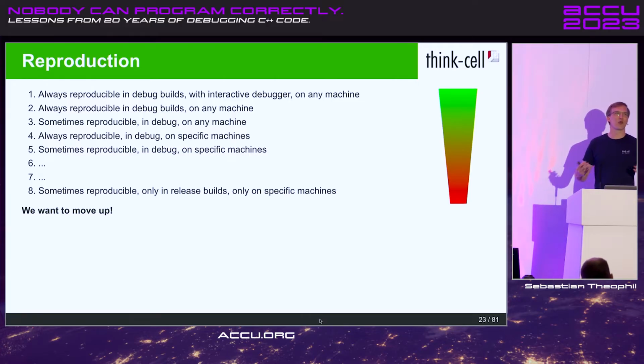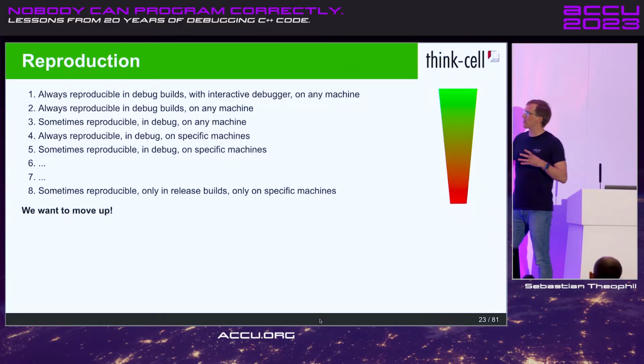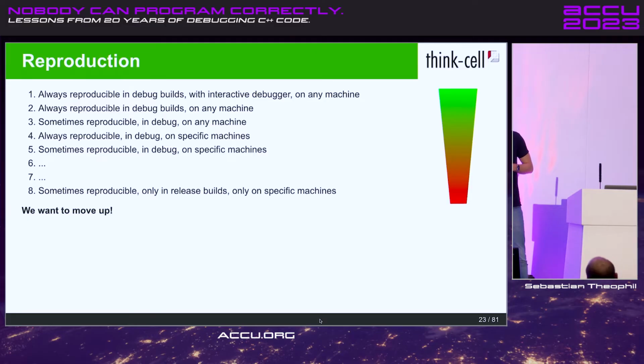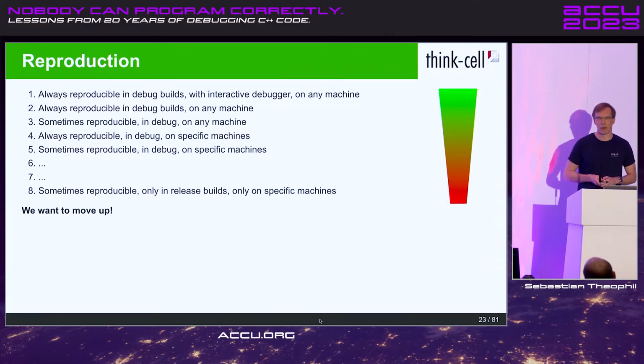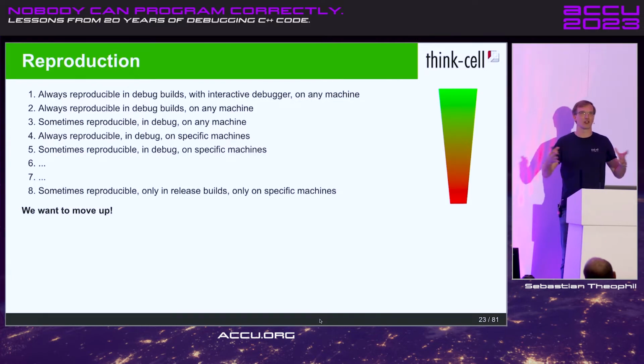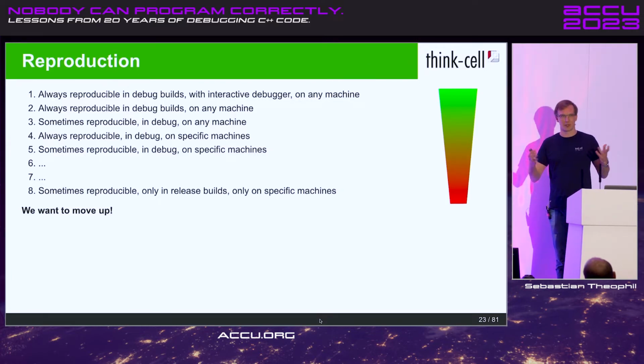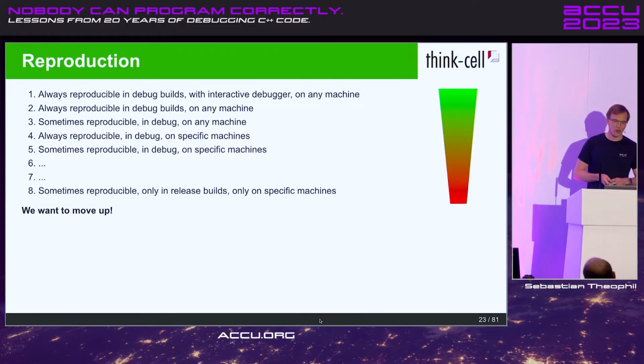And that makes things more difficult. So the first thing we want to try is to move up here, to make things that are hard to reproduce easier to reproduce. And that's typically the first thing I try whenever a tester comes along with something. Now, what ways do we have to make things easier and better to reproduce?